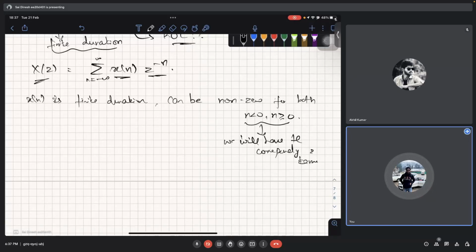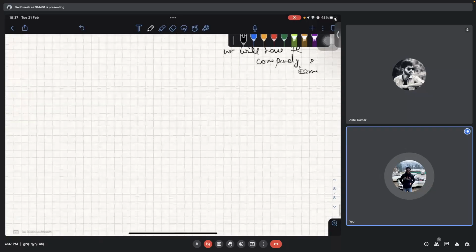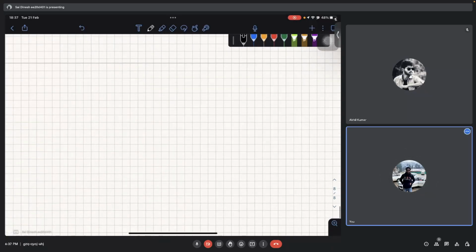That is what you need to find, like what are the points which are included in the ROC. The ROC does not contain the points for which the z transform does not converge. So that is what we need to find in question 2.